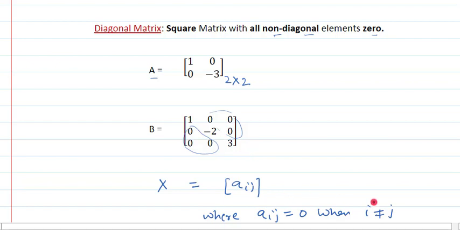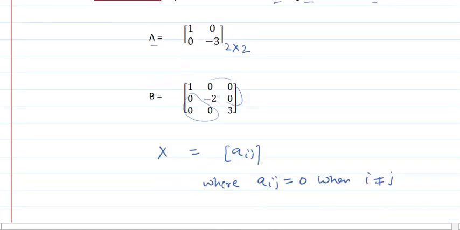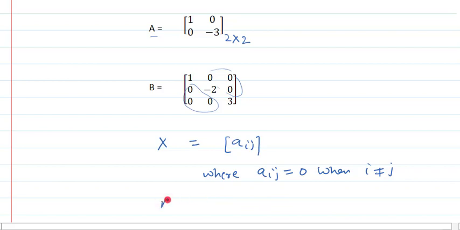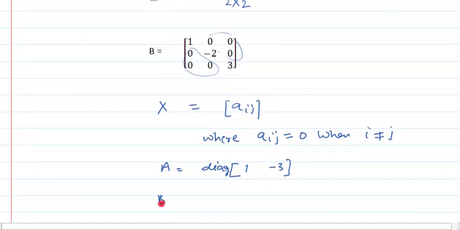Diagonal matrix can also be represented as, let me write A as DIAG, meaning diagonal, and then write only diagonal elements. Similarly, B matrix can be written as DIAG and then only write diagonal elements 1, minus 2, 3 if it is 3 here, and 0 if it is 0 here. So in this way we can represent diagonal matrix.